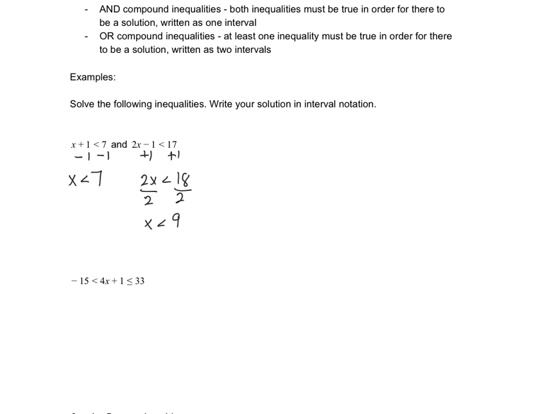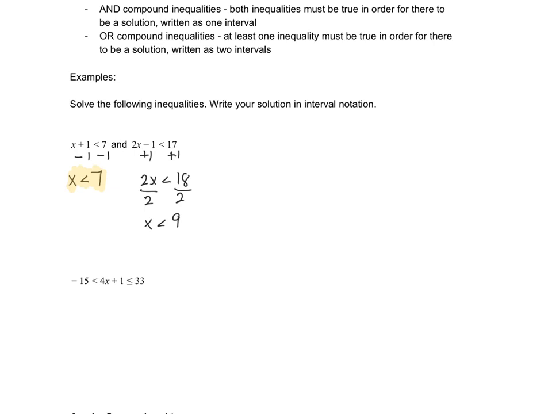Now this is a very different type of compound inequality, where both of our "and" inequalities are the same inequality. They're both less than. So I have to figure out which inequality is true for both cases. So x less than 7 or x less than 9. As I think about it, any value I pick that is less than 7 is also less than 9.